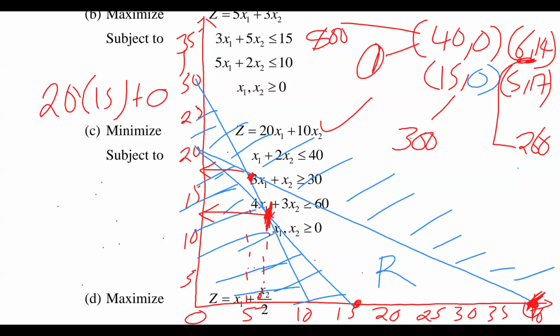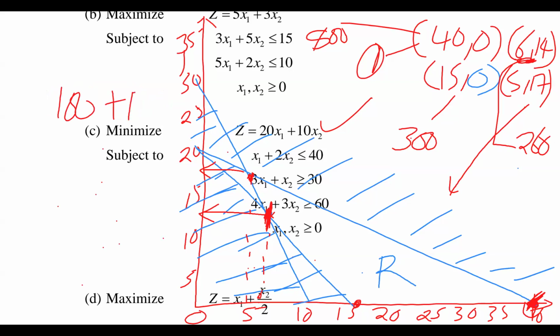Let's go on and pick this one. 5, 17 should be 5 multiplied by 20, which is 100, plus 17 multiplied by 10. That is 270.